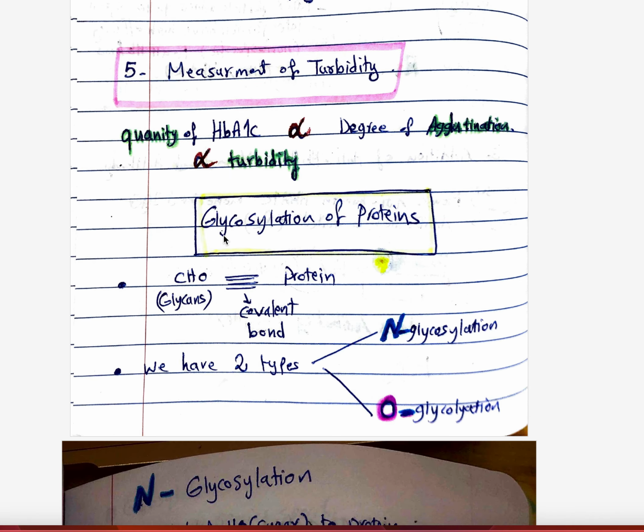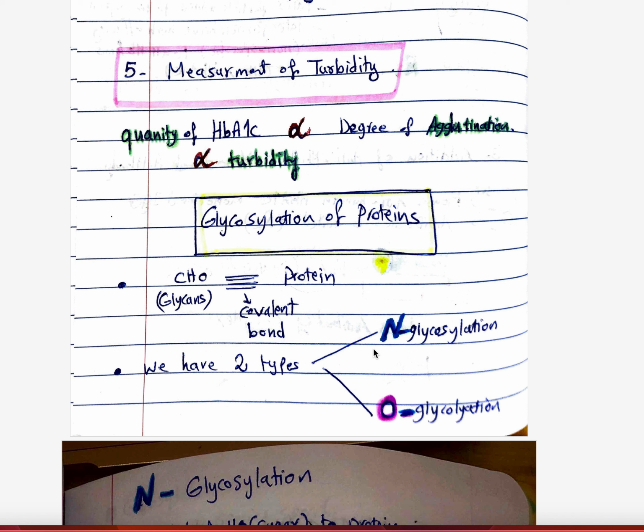Now we go to the glycosylation of proteins, which is different from what happens in hemoglobin A1C. We have a carbohydrate, which is a glycan, and it forms a covalent bond with the protein. So we have two types, N-glycosylation and O-glycosylation, and that depends on which terminal the glycosylation happens at.